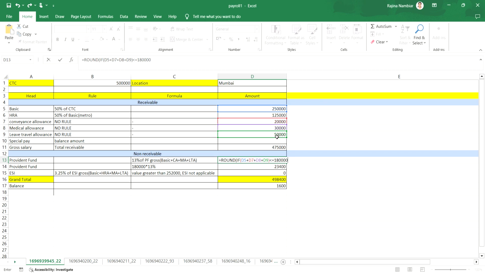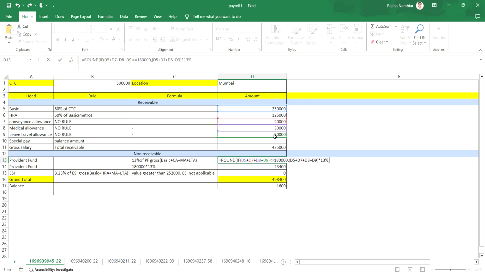And if it is less than that, then you will be calculating it on the actual amount, basic plus the other allowances, into 13%. Okay, so this is one condition.